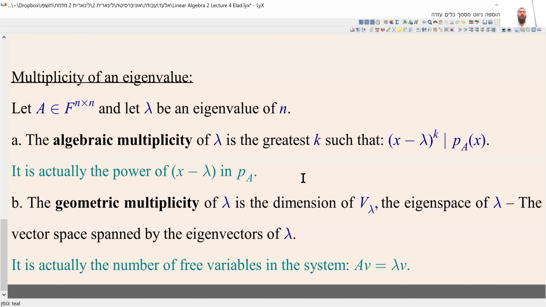First of all, let's find the eigenvalues. Firstly, we find the eigenvalues using the characteristic polynomial.